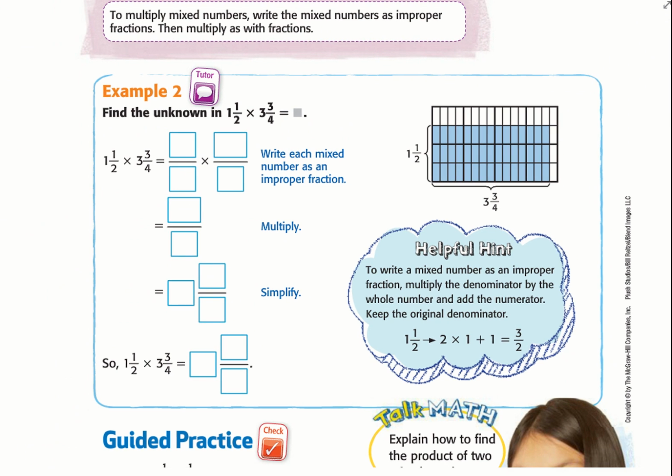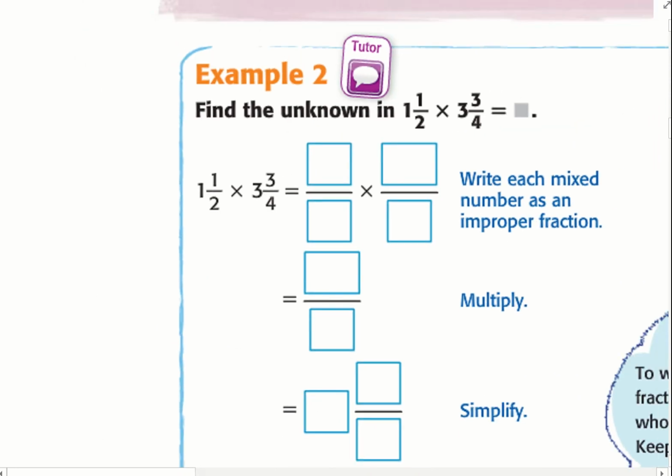So I'm going to change my mixed numbers into improper fractions. So 1.5. What I like doing, this doesn't really give us enough space, I like writing a little multiplication symbol here. Then I do an addition symbol. Just remember step 1, you start from the bottom. You know that song, started from the bottom?